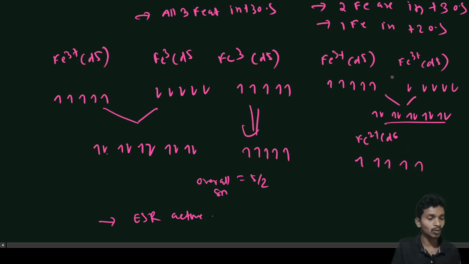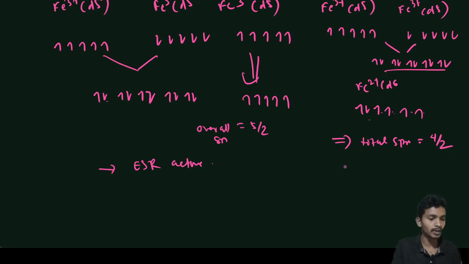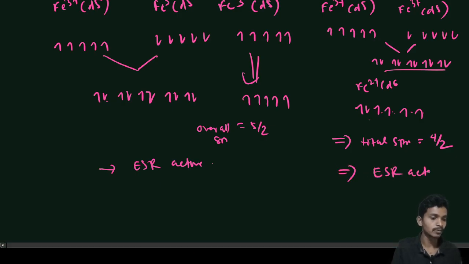For coupling, this D6 is not present. So here the total spin is 4 upon 2.